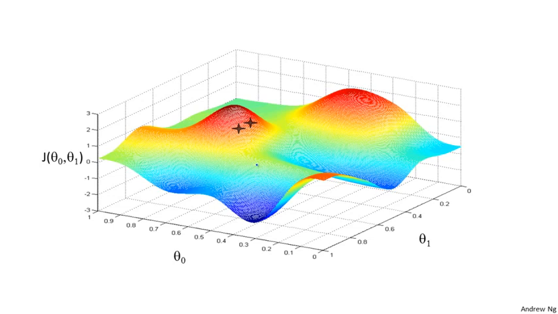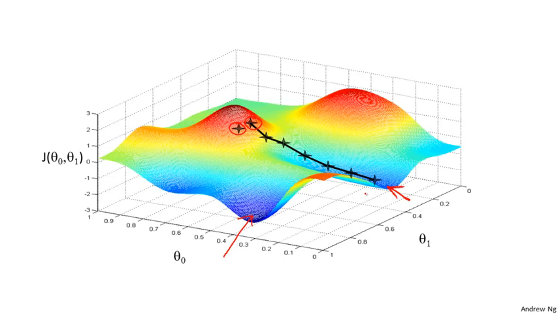If you were to repeat this process, start from that point, look all around, take a little step in the direction of steepest descent, then look around, take another step, and so on, gradient descent would have taken you to this second local optimum over on the right. So if you had started at the first point, you would have wound up at this local optimum, but if you started at a slightly different location, you would have wound up at a very different local optimum. This is a property of gradient descent that we'll say a little bit more about later.